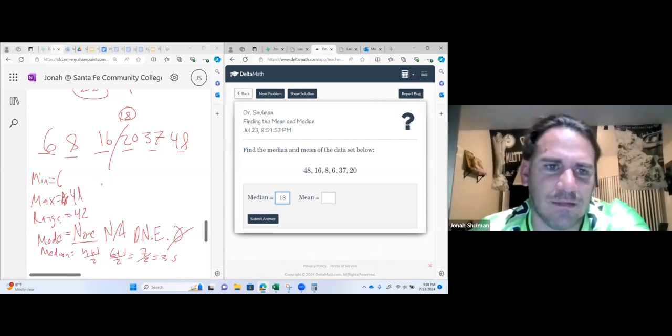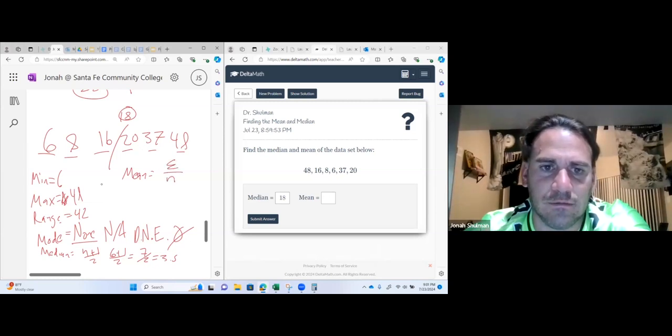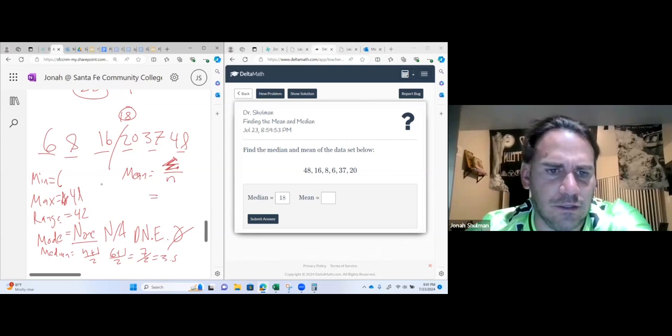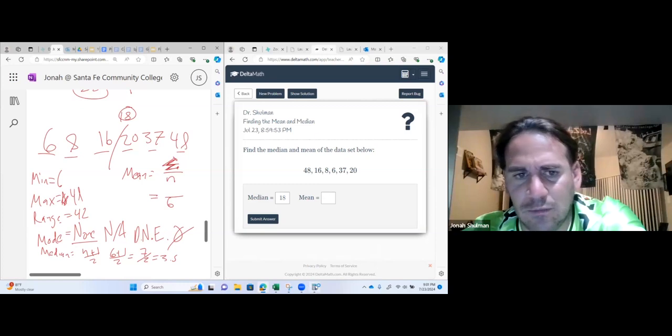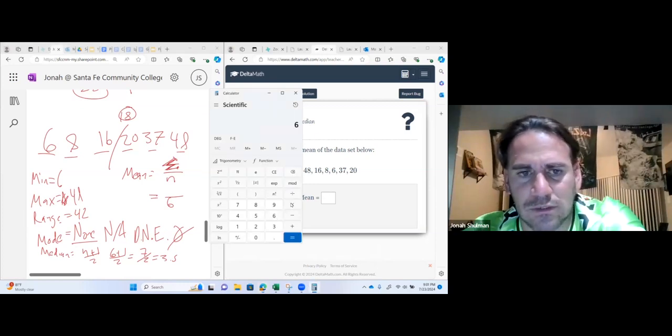To get our mean, all we do is we add them all up. That's the summation over n. There's my sigma. Just want to make it look like a Greek symbol. Our n is 6. So I'm just going to add them all up and divide by 6. So 6 plus 8 plus 16 plus 20 plus 37 plus 48.